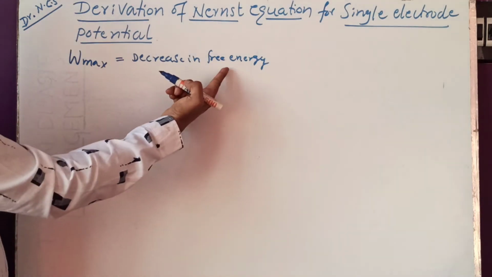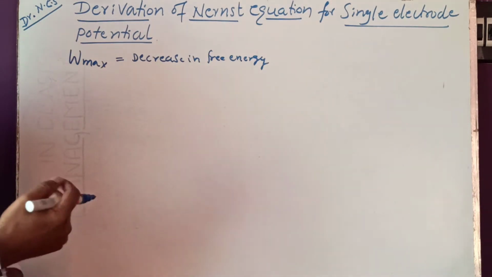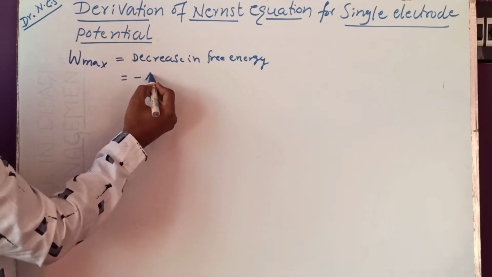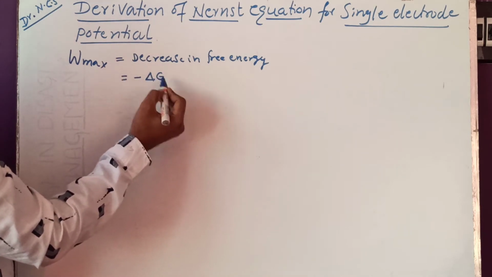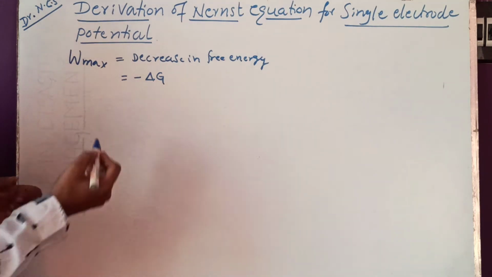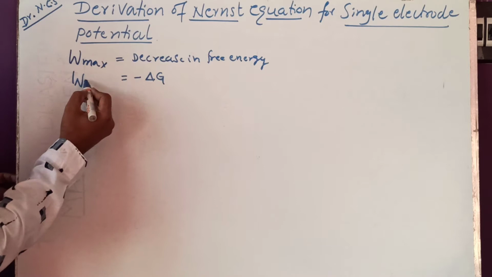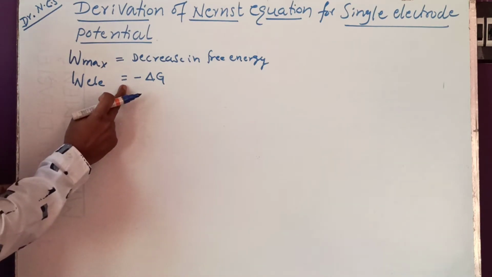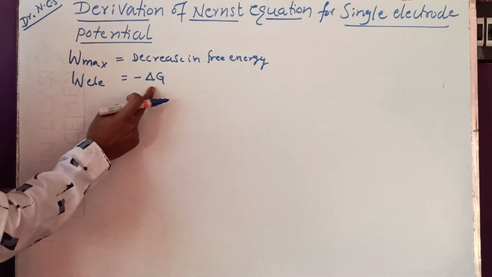So the free energy can be represented as delta G. Decrease in free energy, I will write it as minus delta G, and work maximum is nothing but work electrical, which is obtained from an electrochemical cell. I will write work electrical is equal to minus delta G.